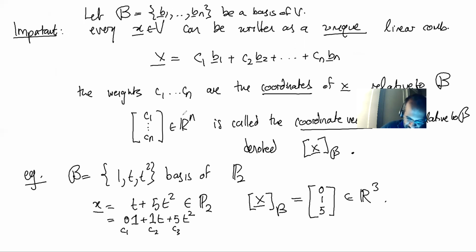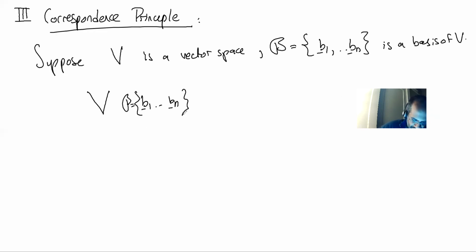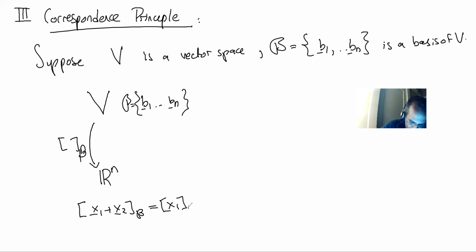But now I'm actually going to think of that as a linear transformation. Okay, so this is kind of a meta thing to do. This coordinate mapping itself is a linear transformation from V to Rn. Right, so it's a linear transformation because if I take 2 vectors and take their coordinate vectors, the coordinate vector of the sum is the sum of the coordinate vectors. You can check that. So this is a linear transformation.